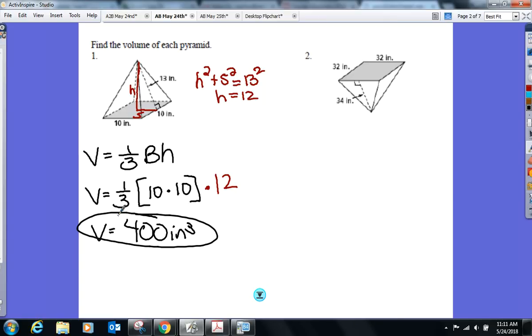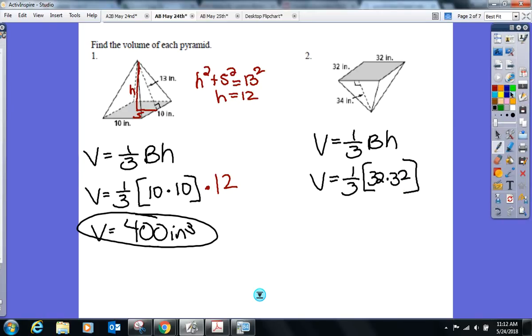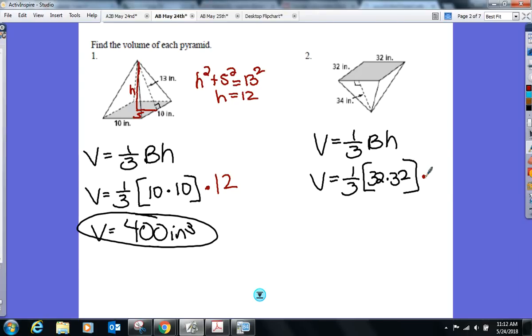Next up, upside down pyramid, huh? Area of the base, 32 by 32. Can I use that 34 with the height? No, what is that height right now?